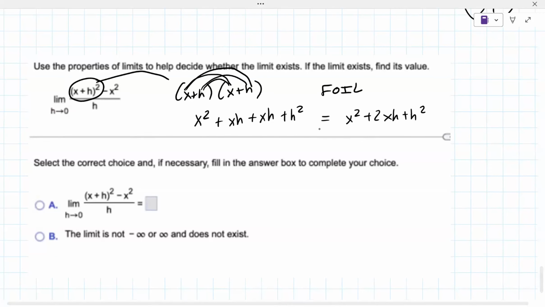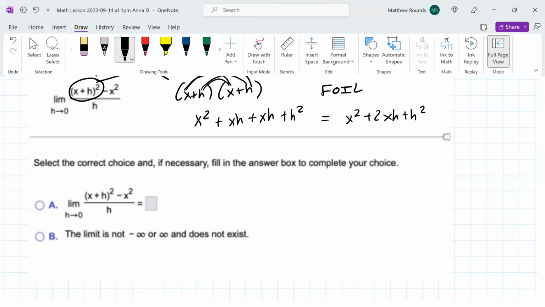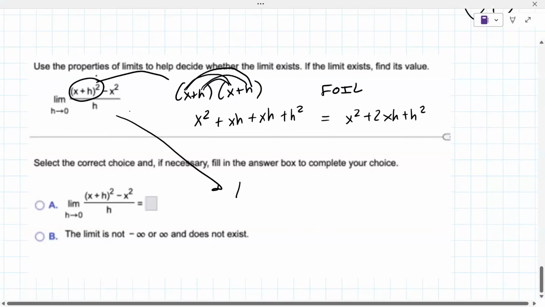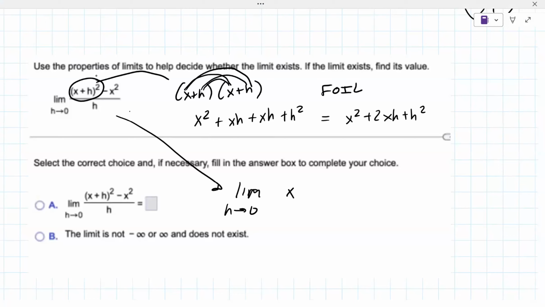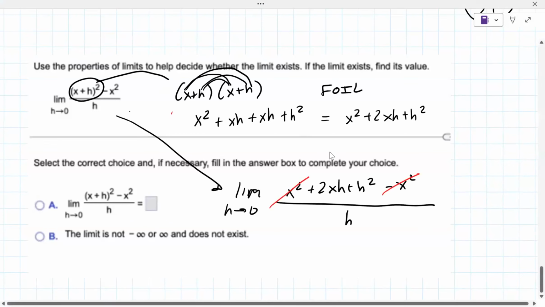Okay. So the whole thing becomes the limit as h goes to 0. Instead of that x plus h squared in parentheses, you rewrite it with the x squared plus 2xh plus h squared minus x squared all over h. And you see a cancellation. The x squared cancels with that x squared, and everything left over has an h in it.